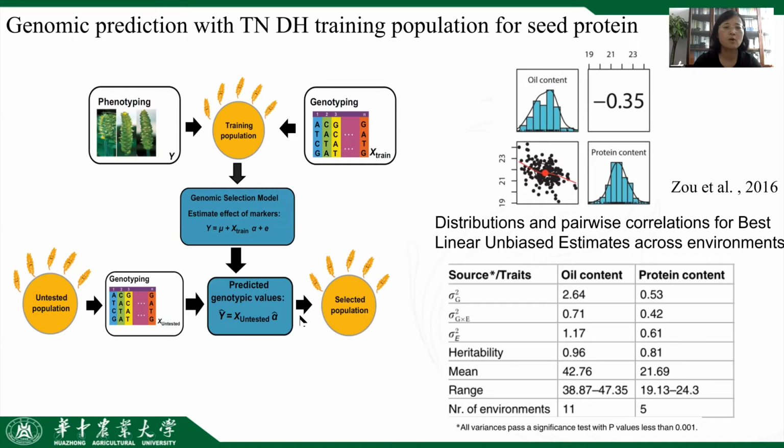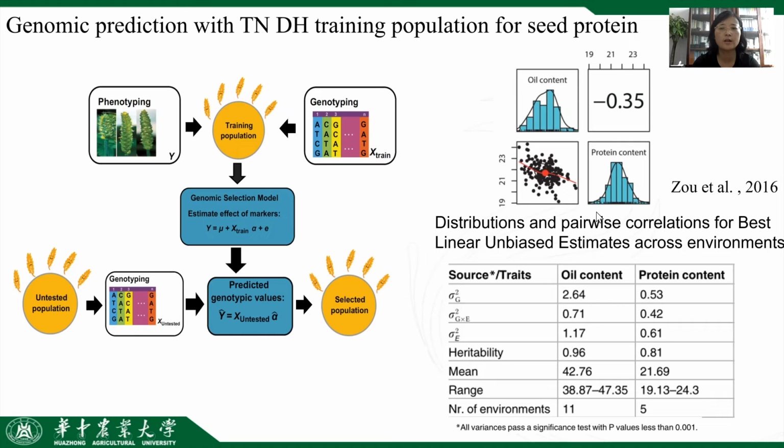So since it's a quantitative trait, we think about genomic prediction with this trait. How is the possibility? We use the TNDH population because it has a lot of phenotypes and genotypes, and we evaluate the relationship between the oil content and protein.